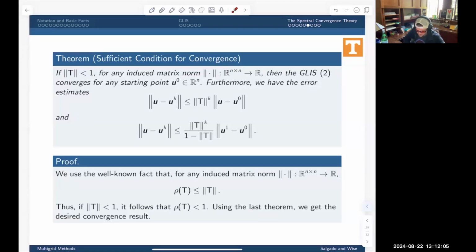So if the norm of T is strictly less than 1, for any induced matrix norm, where T is the error transfer matrix, then the general iterative scheme converges for any starting point. Furthermore, we have the following error estimates. So let's at least do this one.